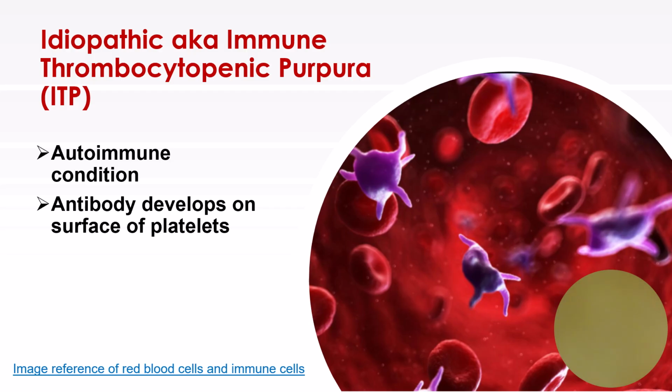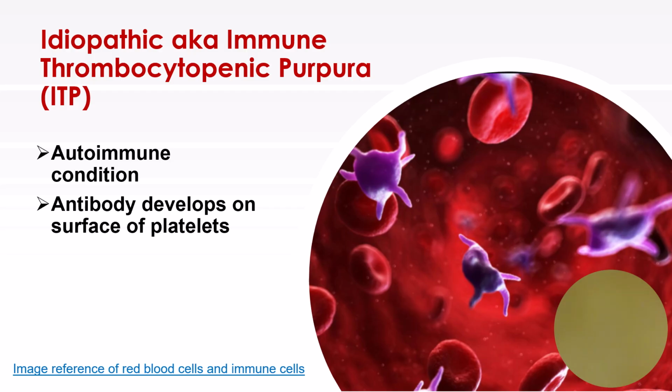ITP is considered an autoimmune disease, and the client's immune system makes antibodies that attack the client's platelets. So remember, with our immune system, when it detects something that is foreign, then the immune response is activated, and our body's immune response tries to get rid of that foreign object.